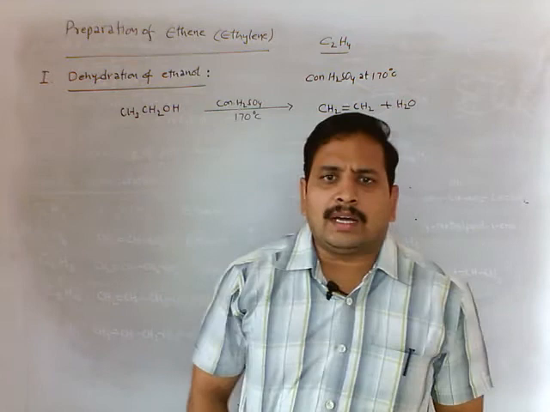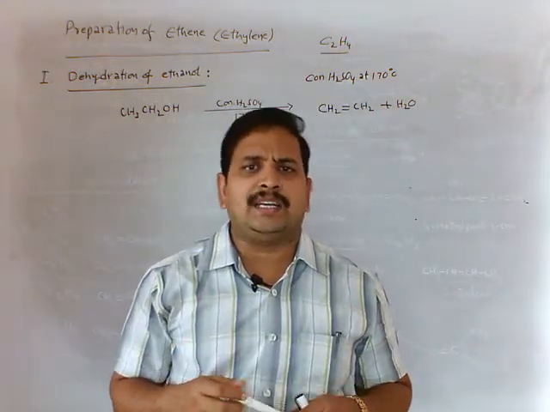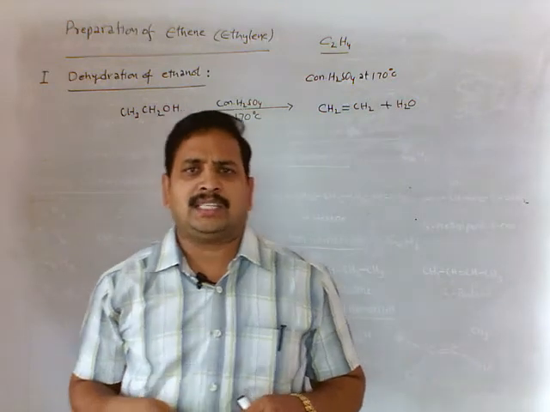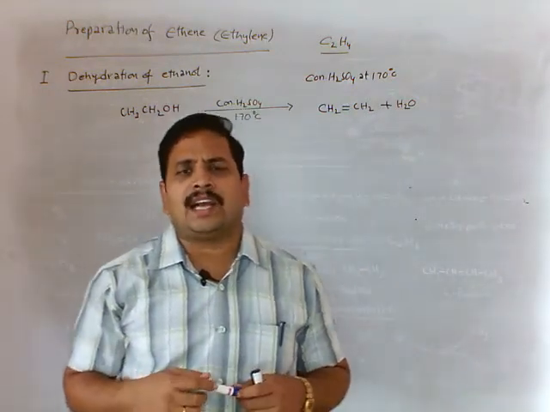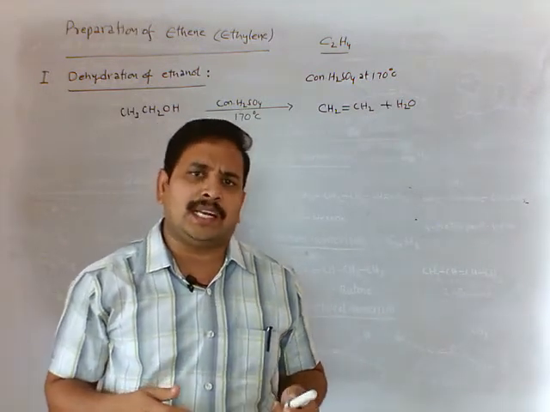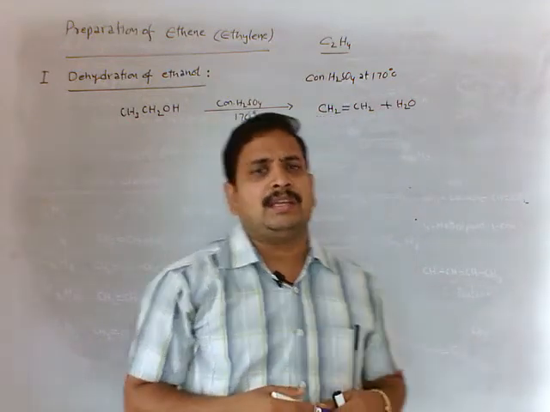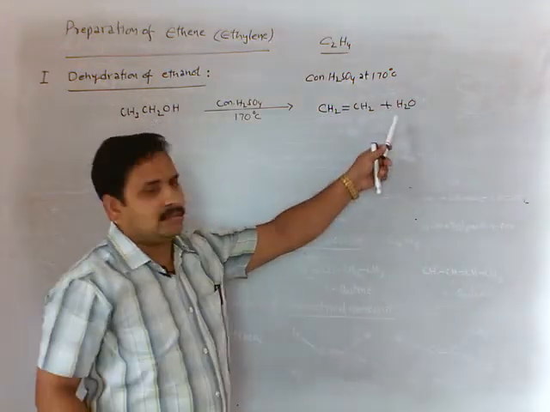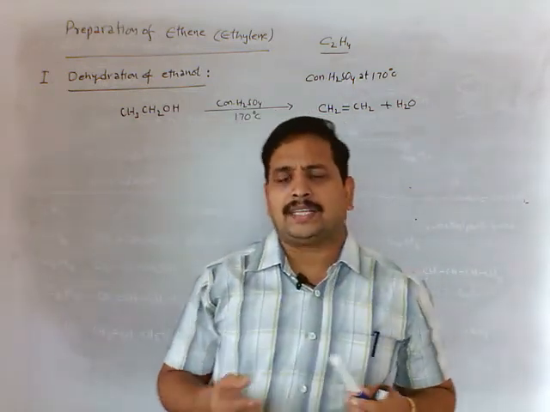Removal of water, dehydration. Removal of hydrogen and halogen, dehydrohalogenation. Removal of carbon dioxide we call decarboxylation. Removal of hydrogen, dehydrogenation. Removal of halogen, dehalogenation. Here we are removing water, that's why this reaction is a dehydration reaction.